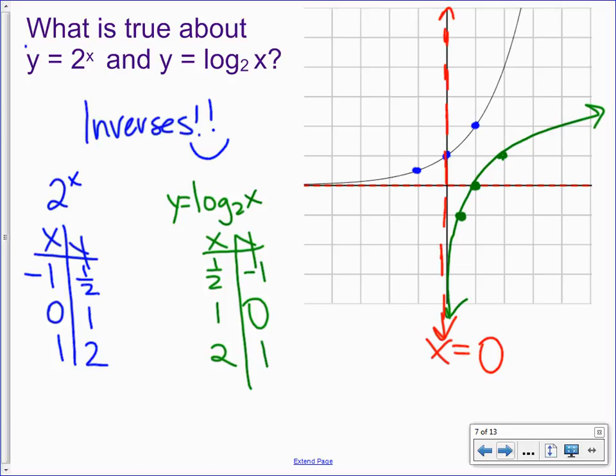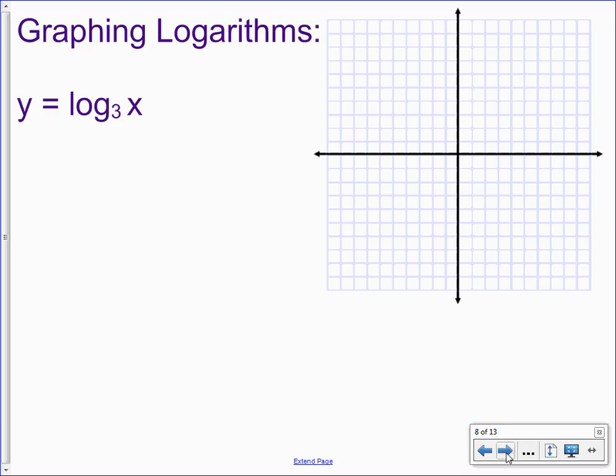All right? So let's talk about graphing log base 3 of x. This is a parent function. We have no shifts. Do you agree? So this is what I would expect to see for a graph. Here is our parent function. We talked about there's an asymptote.